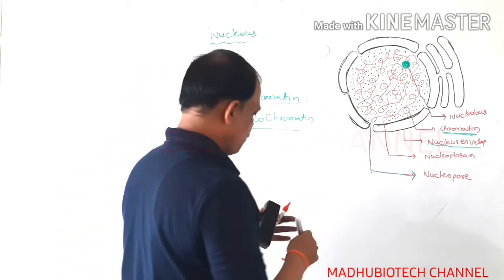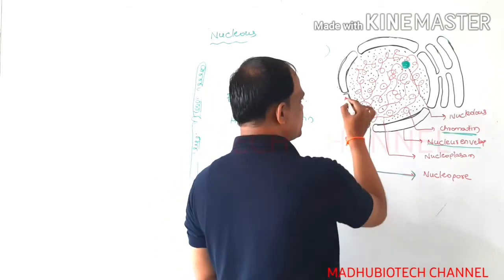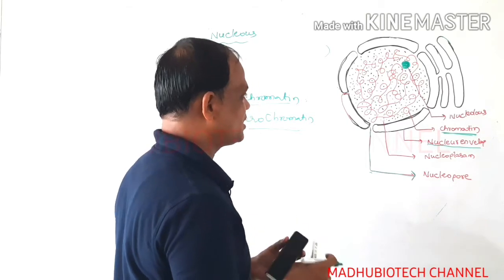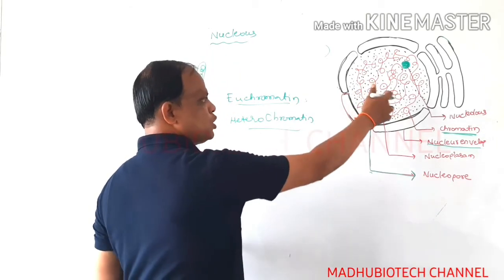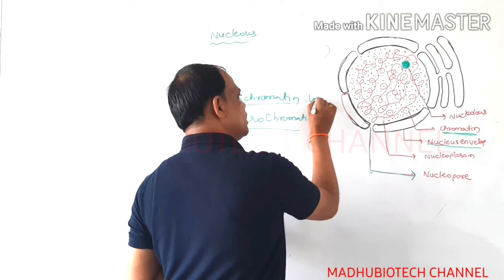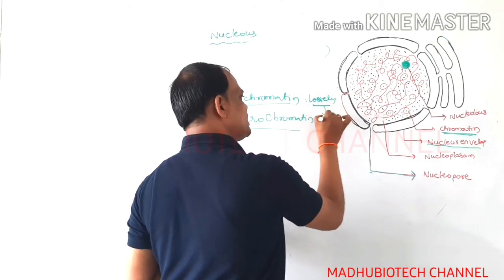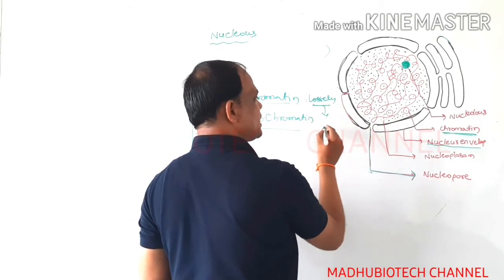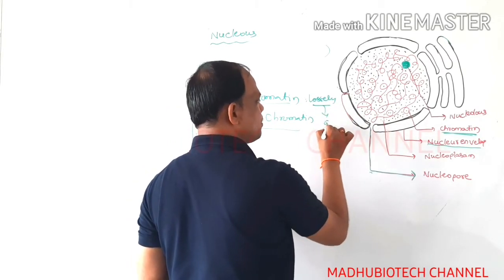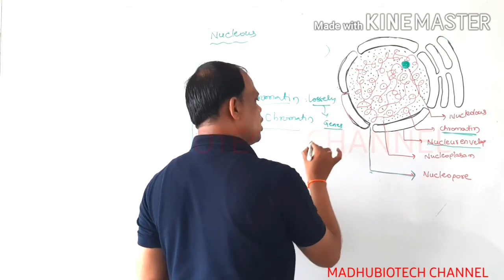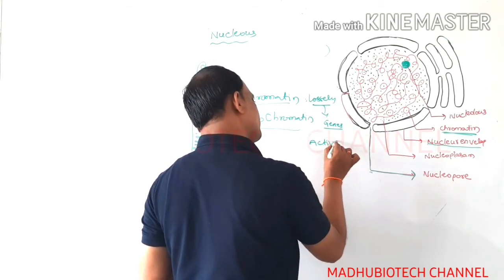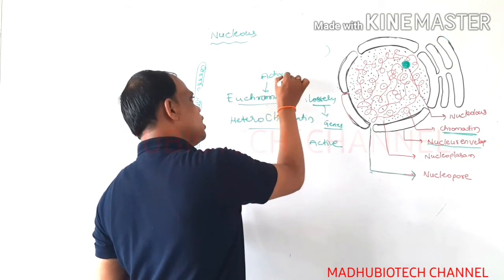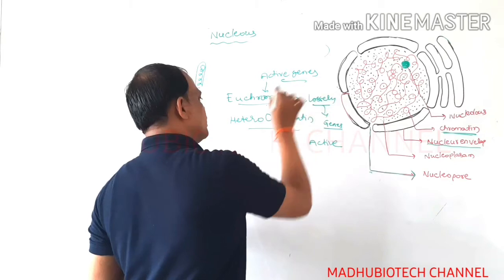Euchromatin means the loosely stained structures of the chromosomes, and this place contains a large amount of genes. These genes are very active, so very active genes are present in euchromatin.